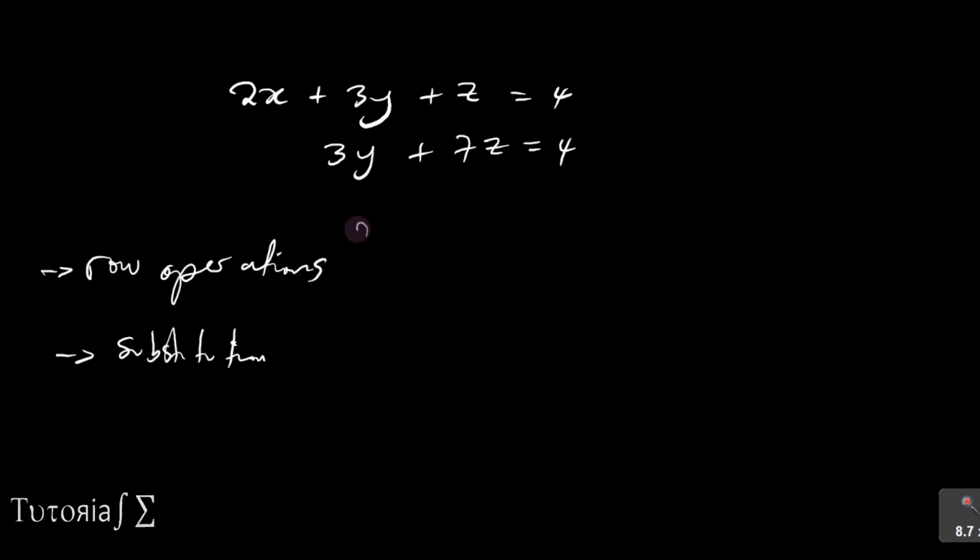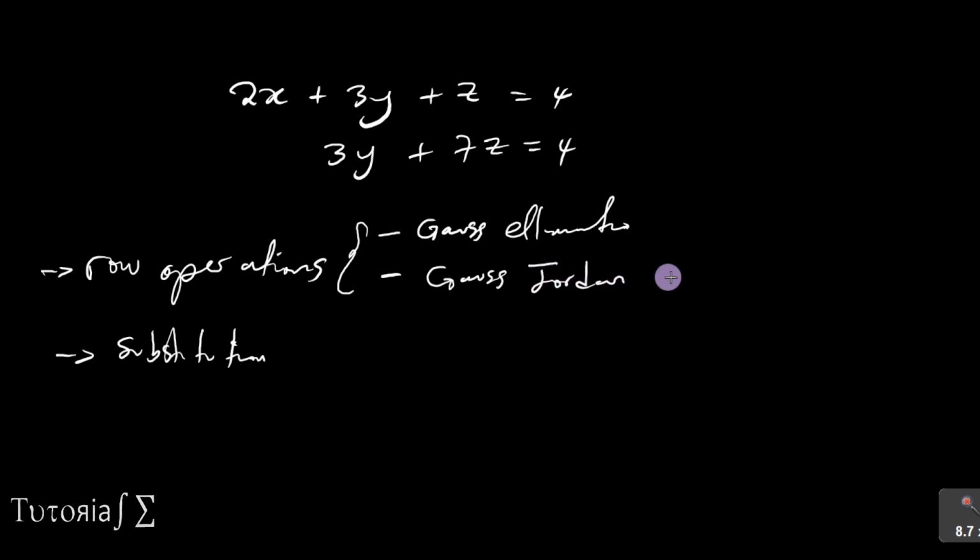So for row operations, we're going to learn about two things, that is using Gauss elimination and using Gauss-Jordan elimination. Okay. Then substitution, this is just a simple method where we make one of the variables the subject and we replace it in the other.